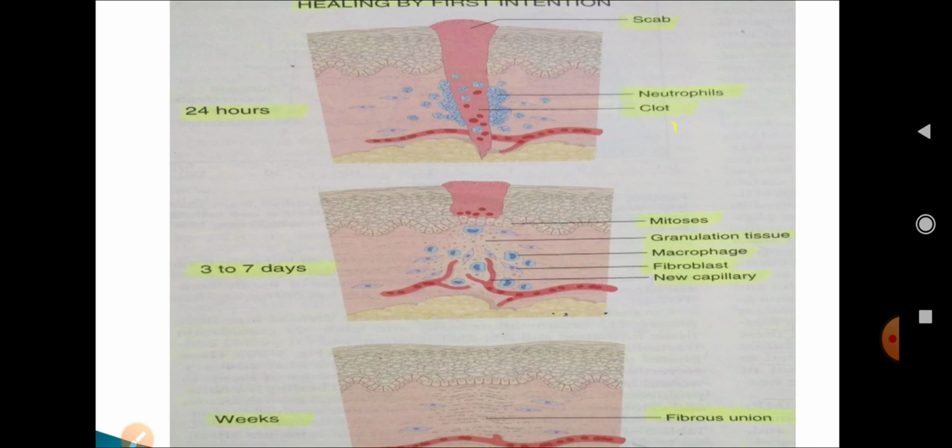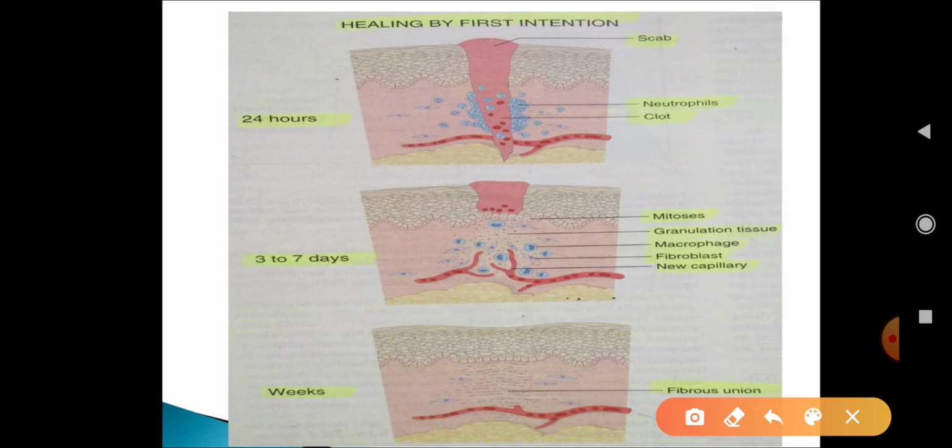Okay. So here, this is the example of healing by primary intention. You can see that the wound defect is very small, right? Now, first of all, what happens? If you are having the defect, the blood will accumulate there, and the platelets and the activated coagulation system will stop the bleeding, and that dried blood is known by the name scab.